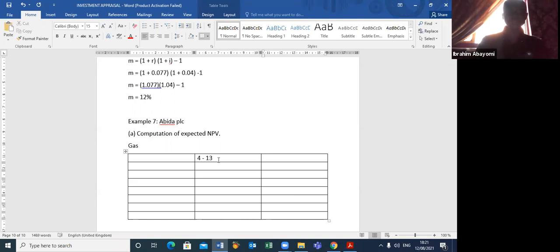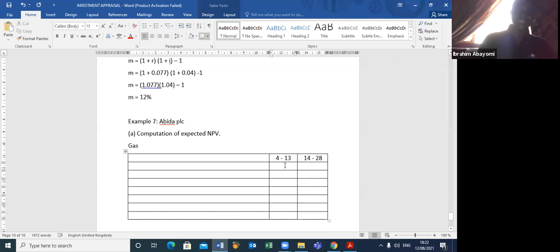The remaining part, which is from year 14 to what? To year 28, will not enjoy capital allowance. The reason why I divided this period into 2 is just because of capital allowance. Capital allowance is only for the first 10 years. So I need to divide the period between first 10 years and the remaining years.